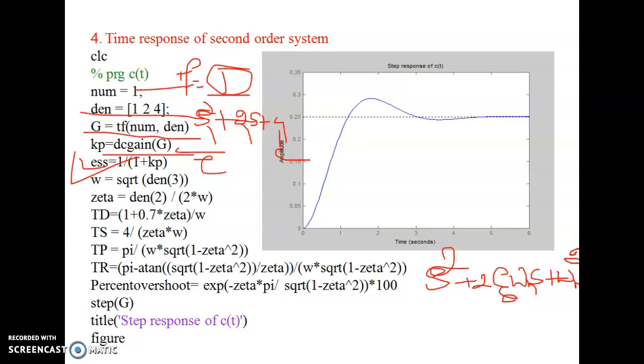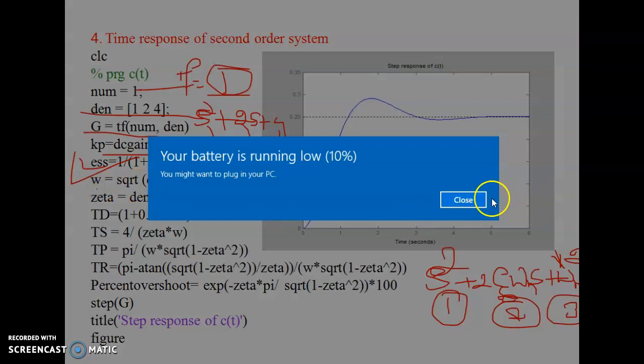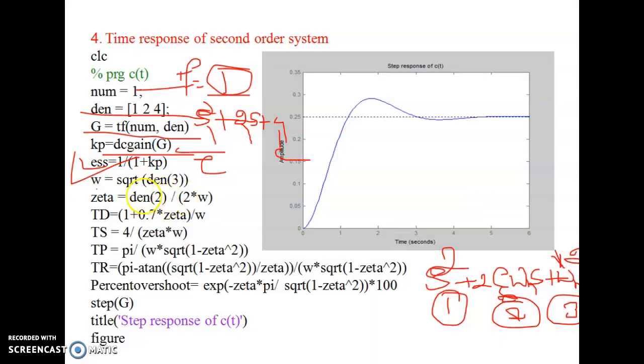This is the first coefficient, this is the second coefficient, and this is the third coefficient. So in the denominator, omega n square is the third coefficient, hence we write omega n equal to square root of den of 3. Then zeta: 2 zeta omega n is equal to den of 2.